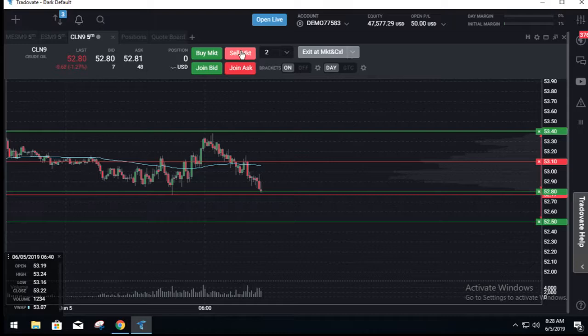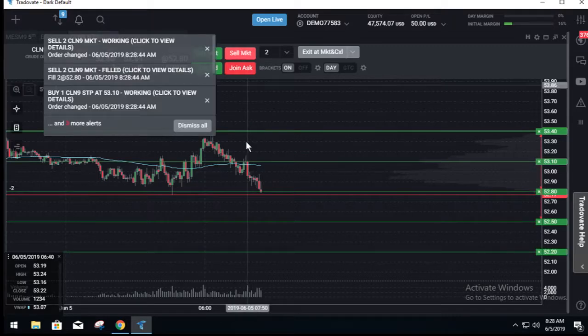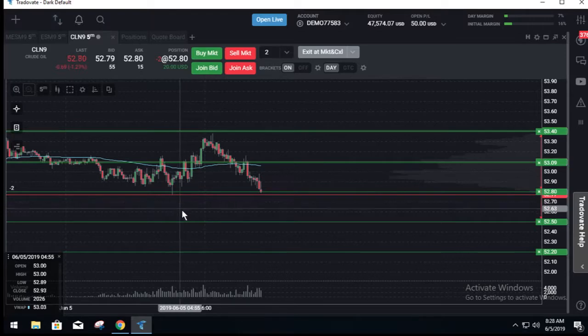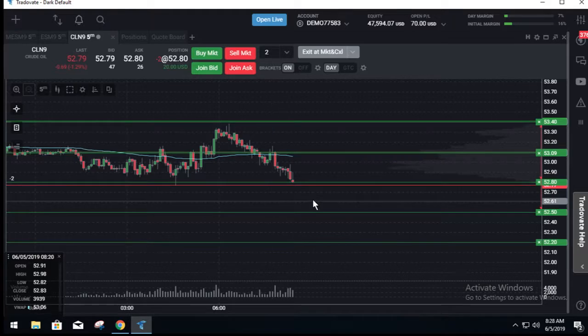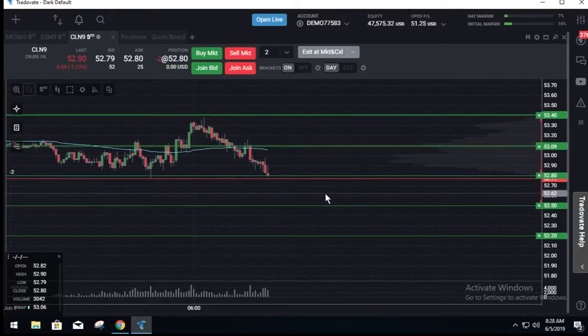Looking for that break point. Right, so we're looking for the break there. So we're running a double contract, looking for a break on the open. Now oil doesn't have any micros, so trading is very, very difficult.